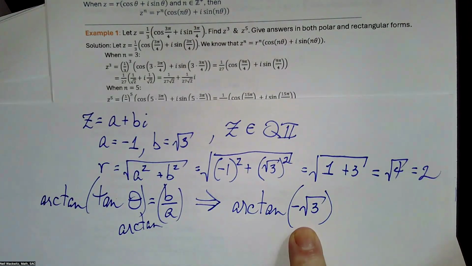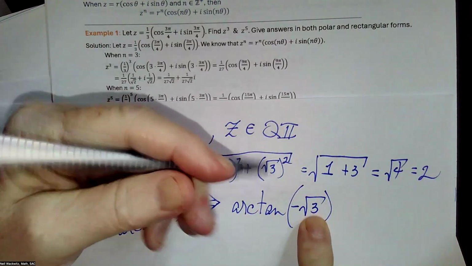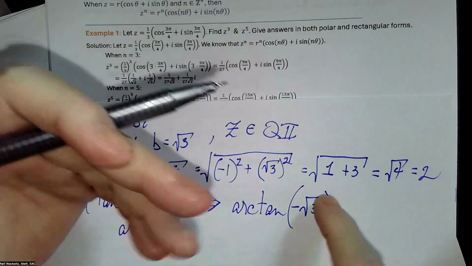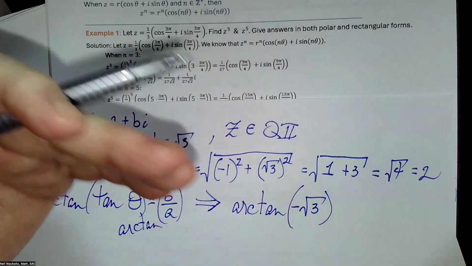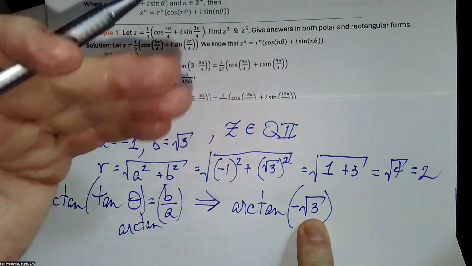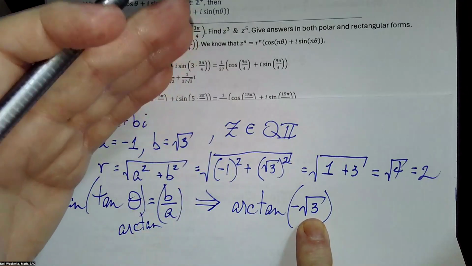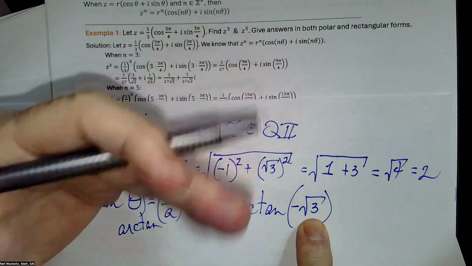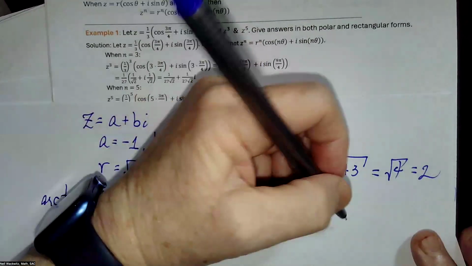Well, what angle has tangent of square root of 3? Because remember, tangent is sine over cosine. So that square root of 3 is in the numerator. It must be pi over 3, so negative pi over 3.